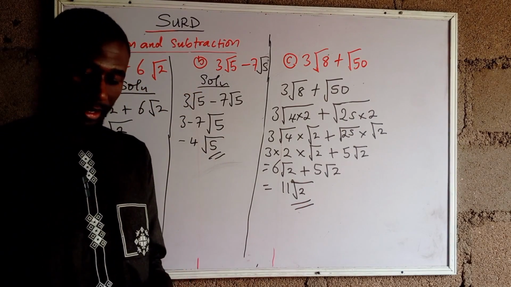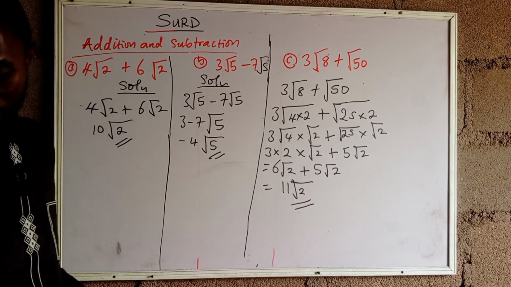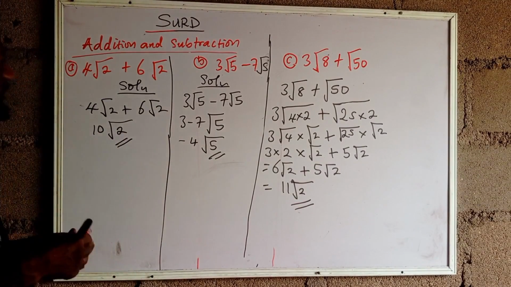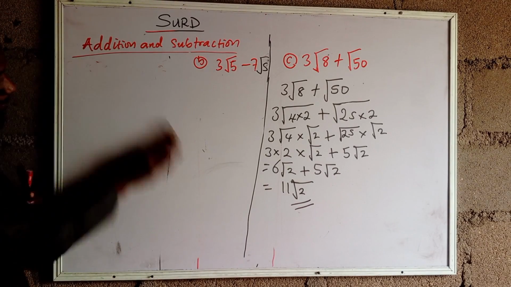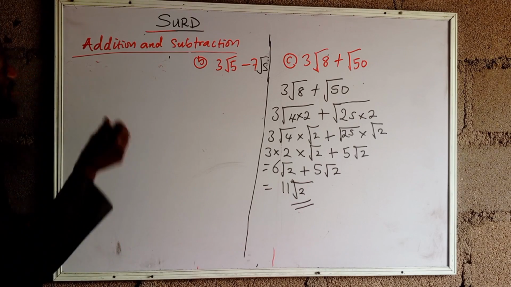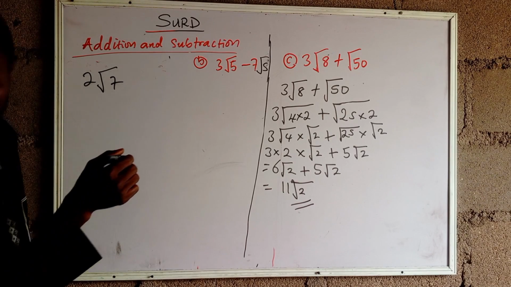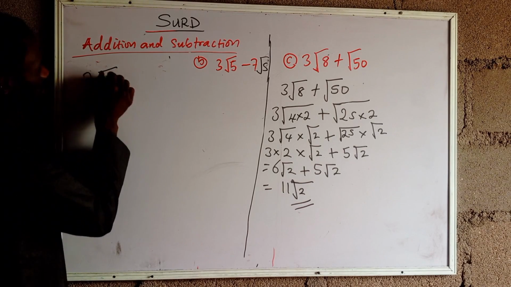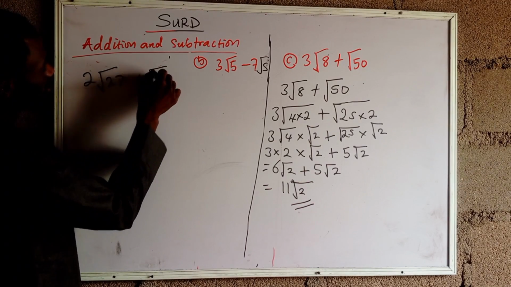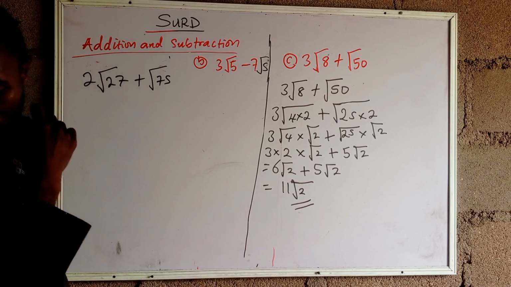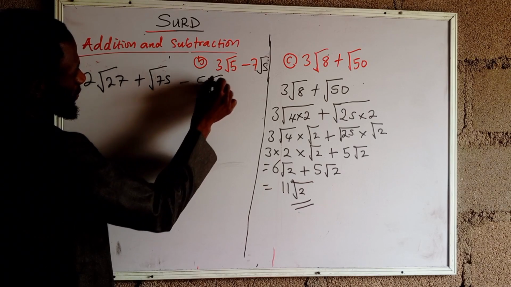Okay, then in our last question here, we have 2 root 27 plus root 75 minus 5 root 12.